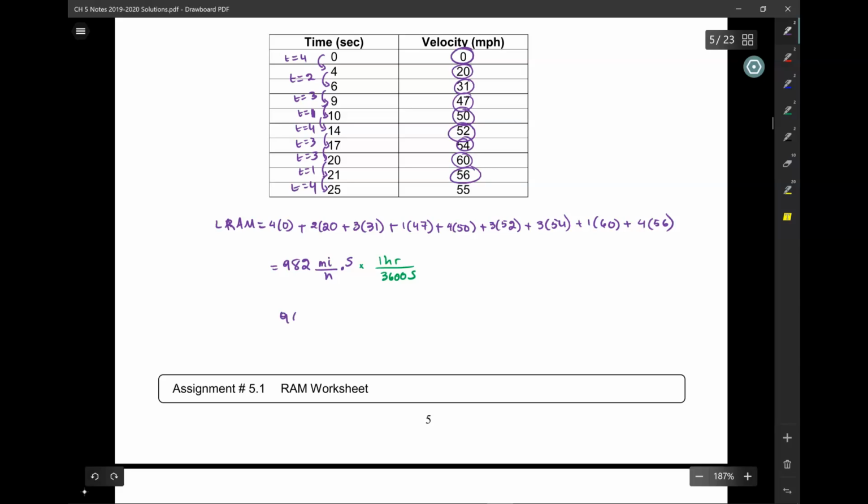So it's 982 over 3,600 miles per 1 sec. And this is 0.2727 miles.